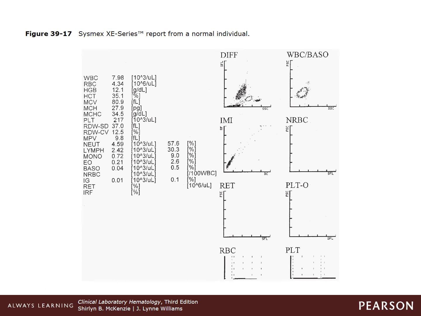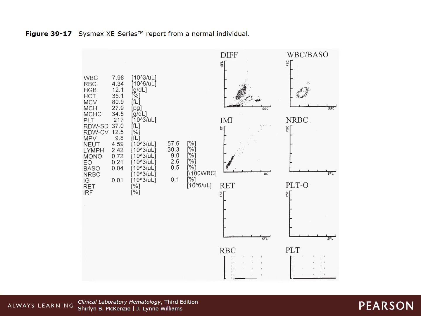There are 2 separate channels, the diff and the WBC baso, that are used to generate the total white blood cell count and the 5-part differential. In the diff channel, a portion of the blood sample is aspirated and then a lytic agent is added to remove the red cells.